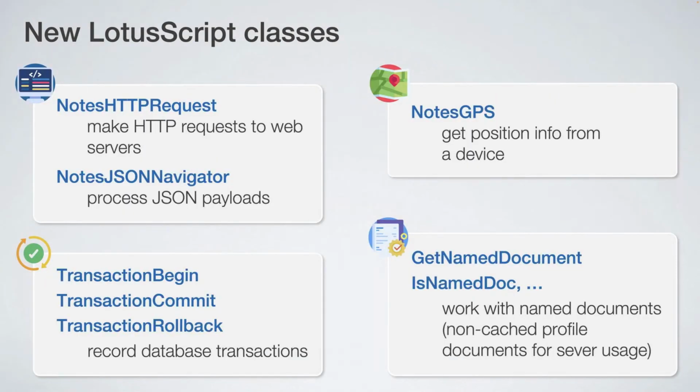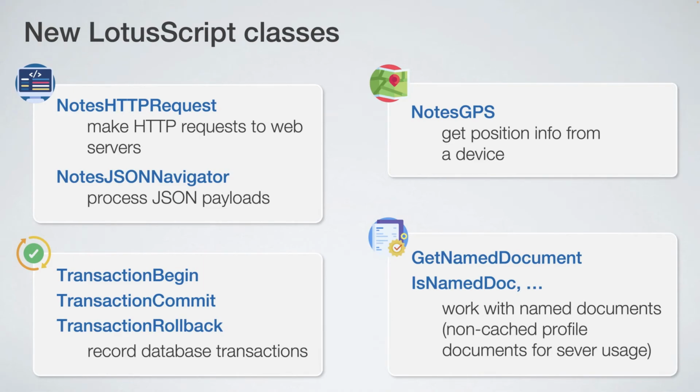For developers, we added a set of new features since version 9. In version 10, we added HTTP request and processing of the request returned in JSON. In version 10, I think, or 11, we added Notes GPS that we used in the mobile demo that I showed you an hour ago when I used the Metropolis application.